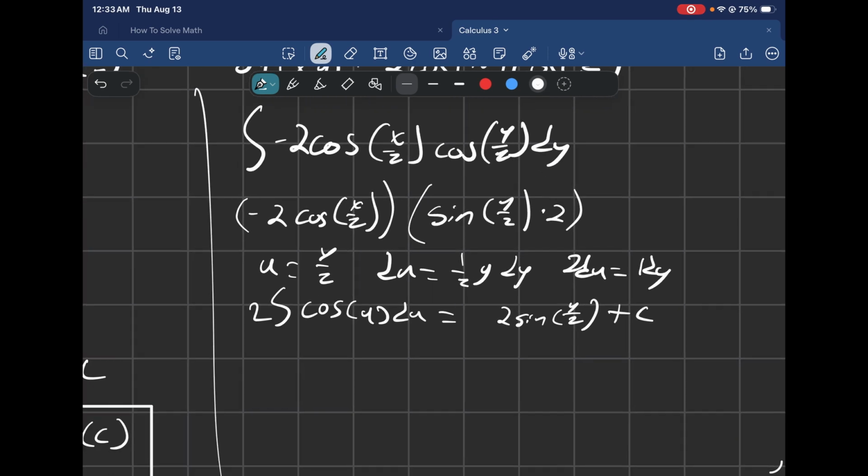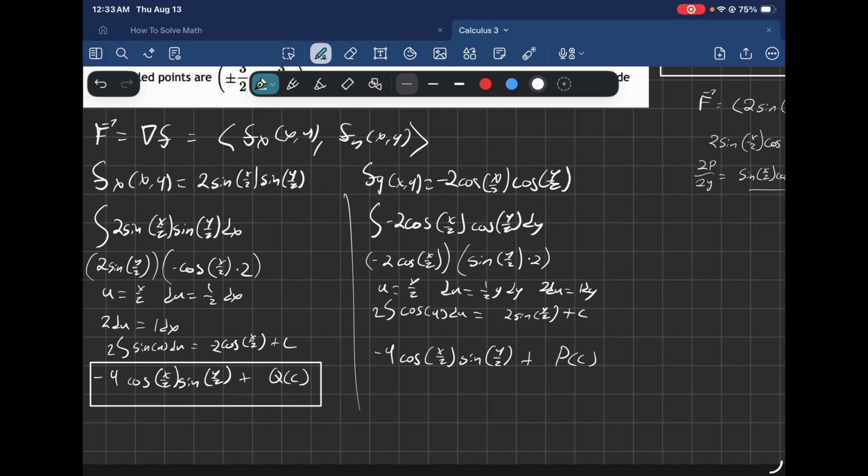So we can bring this all down to be negative 4 cos of x over 2 sine of y over 2 plus a constant c from our other part. And we can see that this is the exact same thing as that.